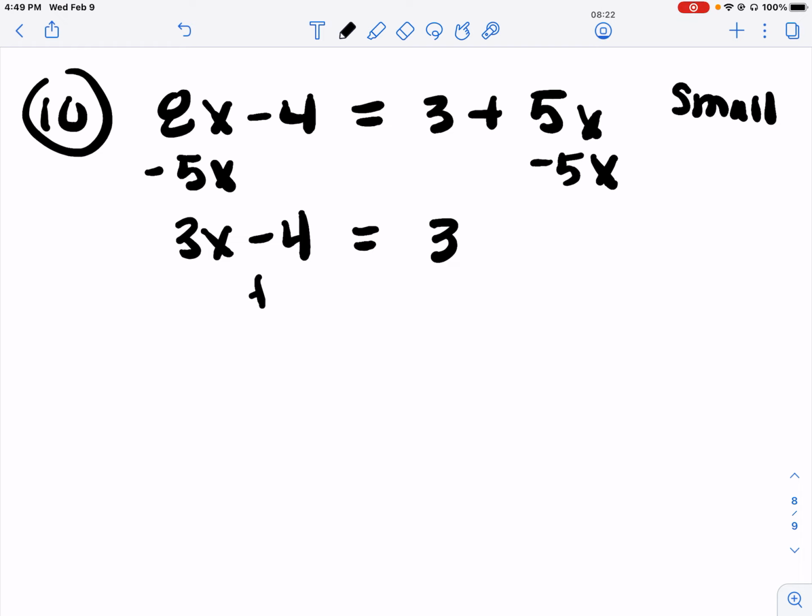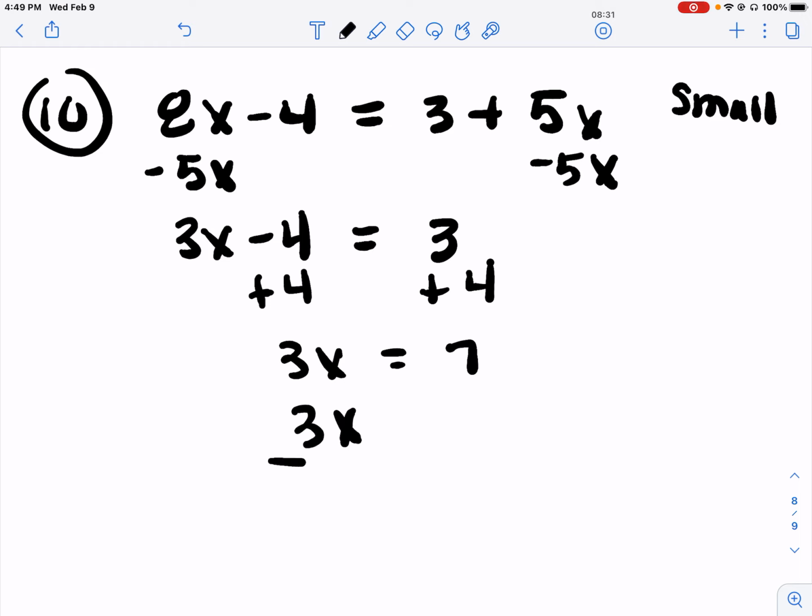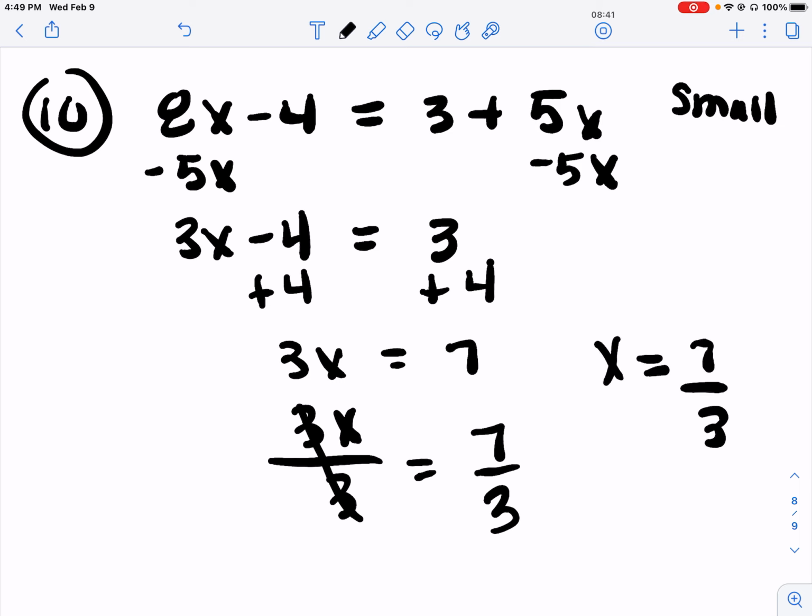I need to add 4. Now I need to divide by 3 on both sides. 7 doesn't divide by 3 into a whole number, so that's our answer.